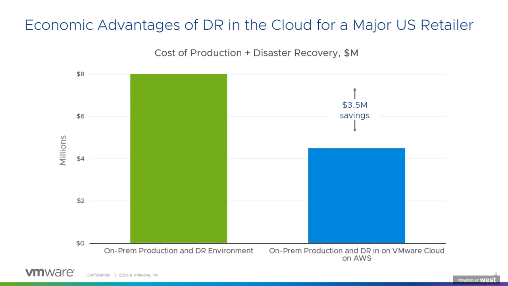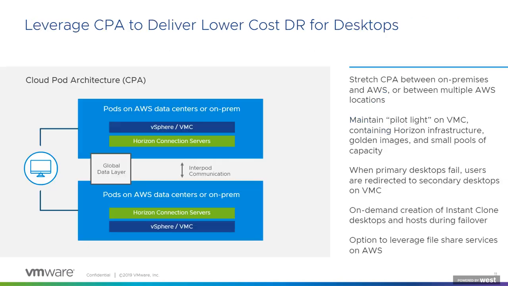So there's a lot of savings, and mainly it's because, let's go back to the previous slide, just wanted to emphasize, it's really because you're only paying for the pilot light on a year-round basis, right? And when you need that full DR capacity, then the desktops grow, the hosts grow, and then you're paying for that incremental cost, but only for the days or weeks when you actually need that DR capacity, and that's where the savings really come from.